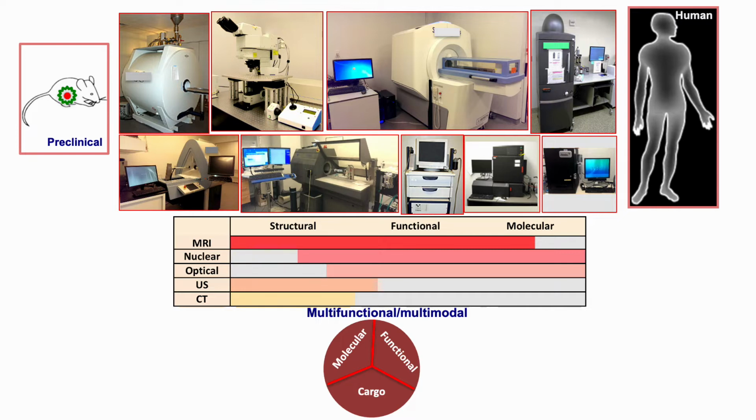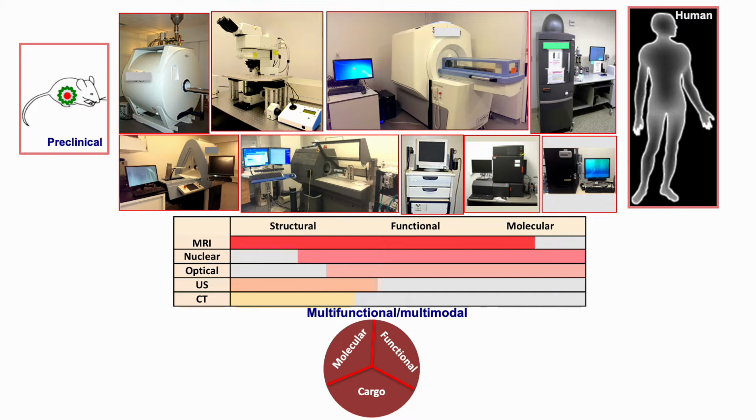And of course, MRI, PET, SPECT, CT, and ultrasound are also routinely used in the clinical setting, facilitating translational applications. Now, within the context of other imaging modalities, MRI traditionally has major strengths in structural and functional imaging, and increasingly is finding applications in molecular imaging.